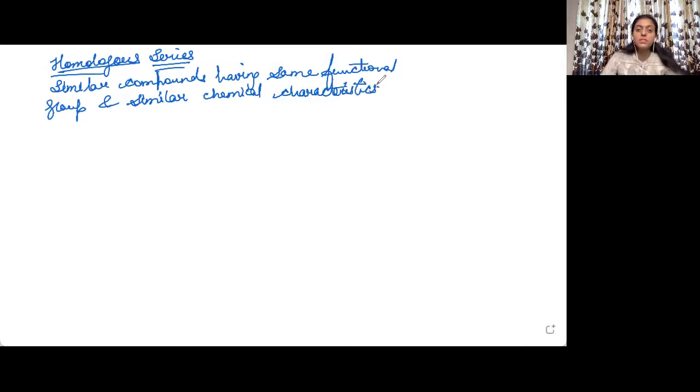Same functional group and similar chemical characteristics. Okay, so this is the definition of a homologous series. Now, what are the characteristics of homologous series?